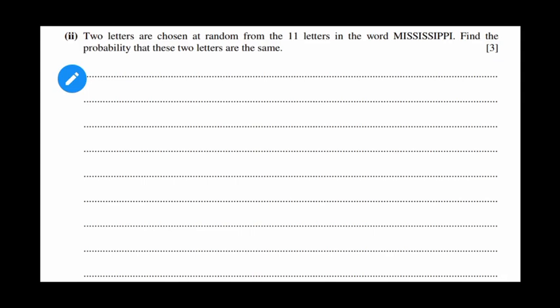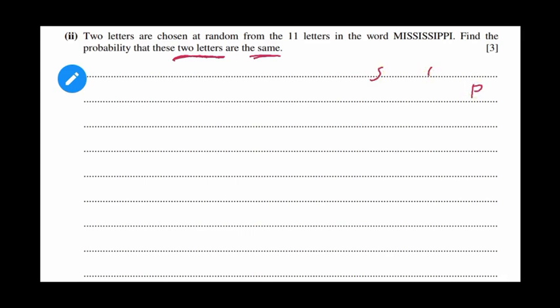Okay, so let's see. We have 11 letters. If we want 2 letters to be the same, it can be either S or I or P.